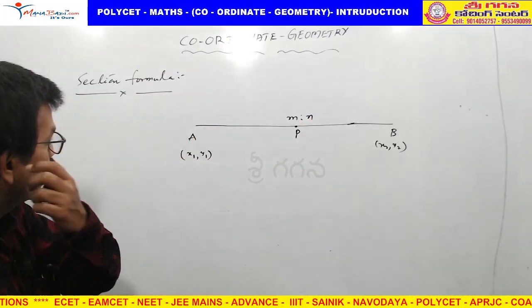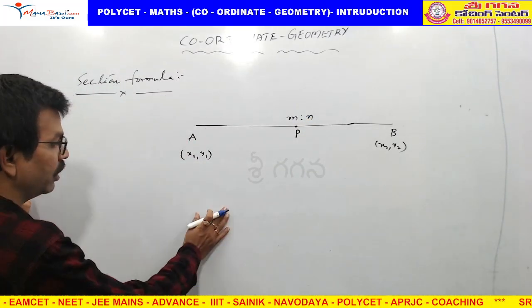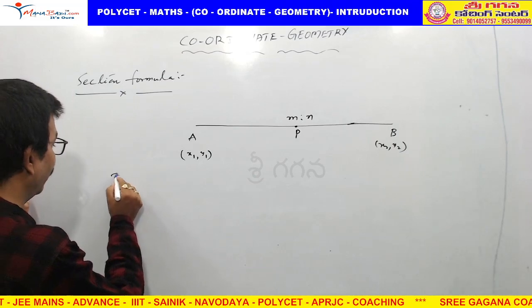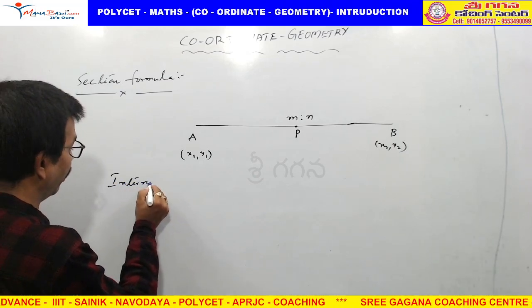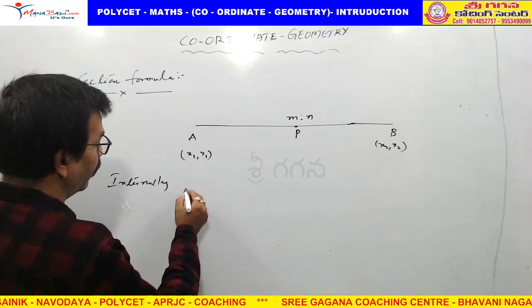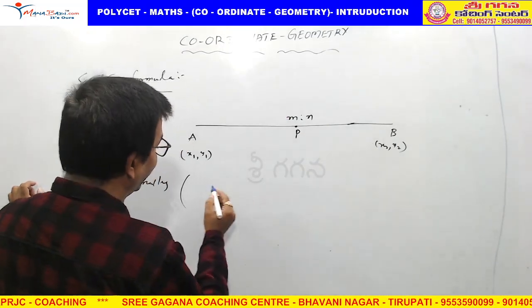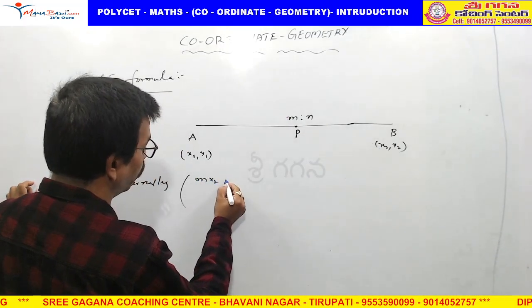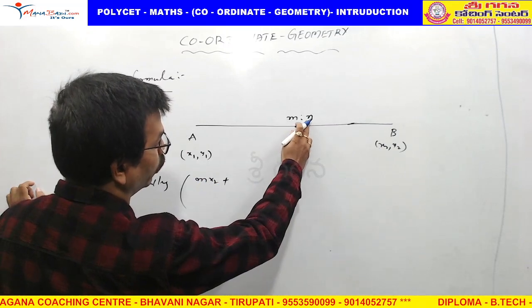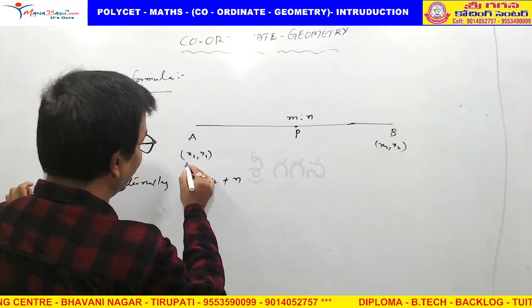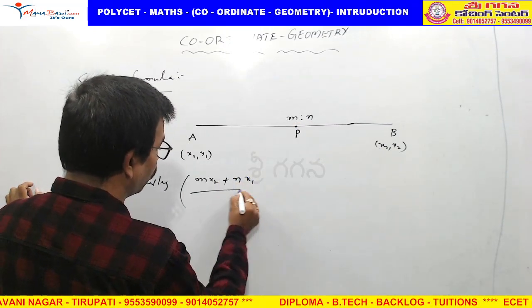Then how to write the section formula? First, internally. For the x coordinate, first m into x2 plus, what is the second ratio here? n into x1, divided by the sum of the ratio.